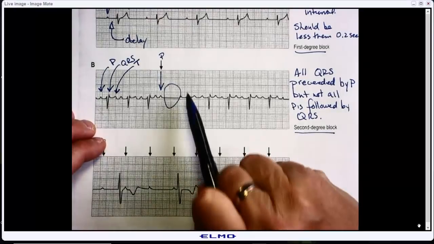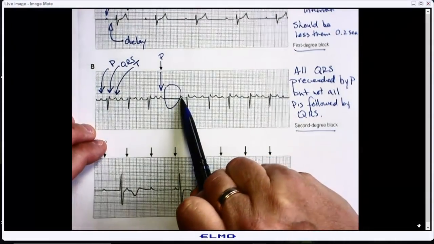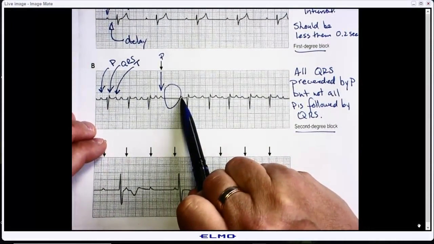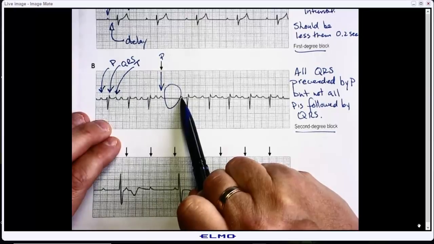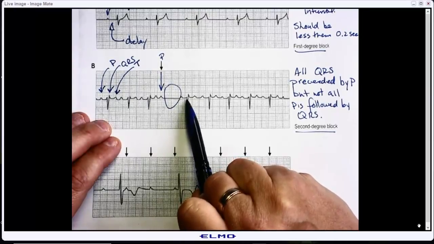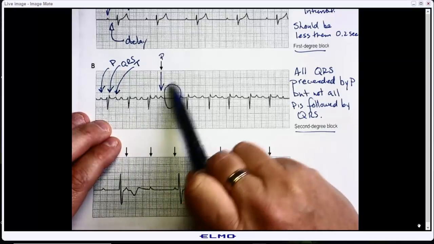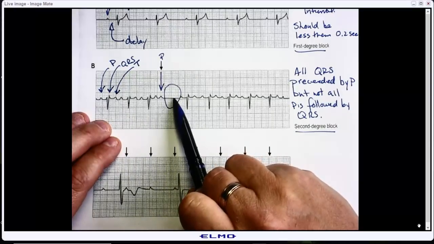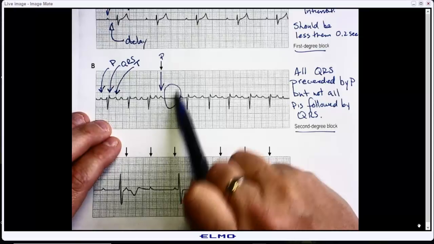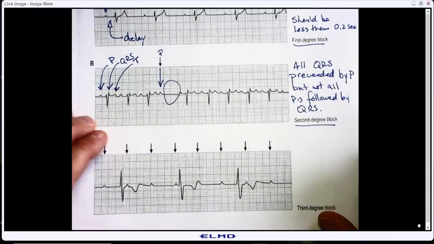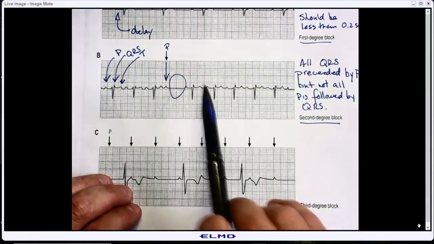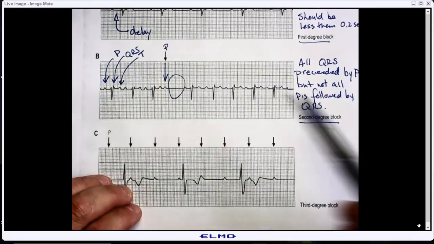But then when the P fires again, or when the atria depolarize again, which means the SA node fired again, then we get a regular heartbeat. But then that does mean, right, that in this period the heart didn't beat, which means the heart didn't eject blood. Right, so a little bit problematic. And of course, the more of these you have, the more problematic it becomes.